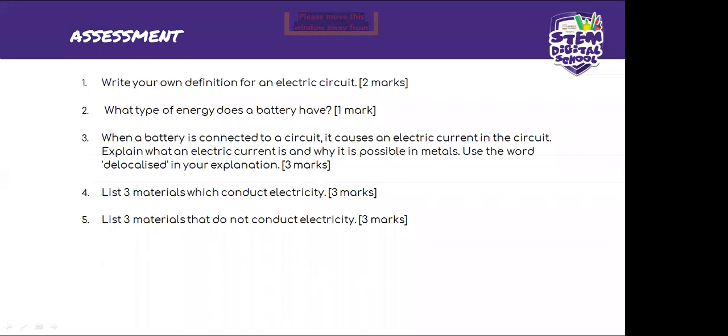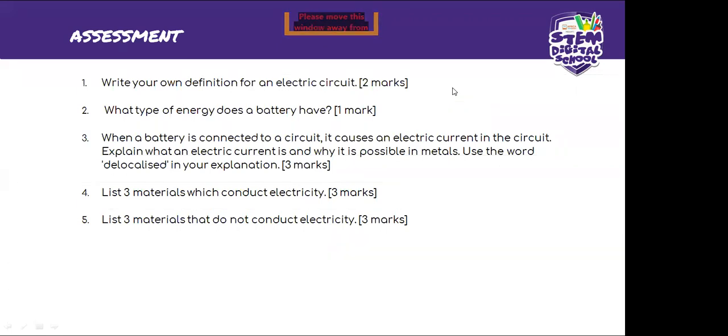Question 4 says, list 3 materials which conduct electricity. Okay, metal, steel, okay, Natalie, okay, copper.